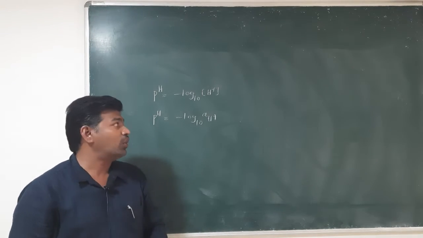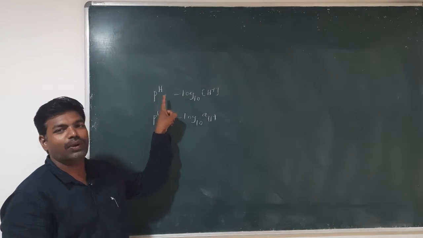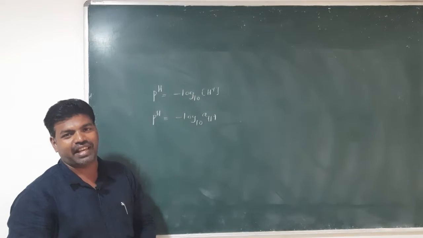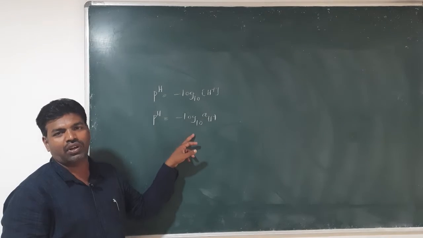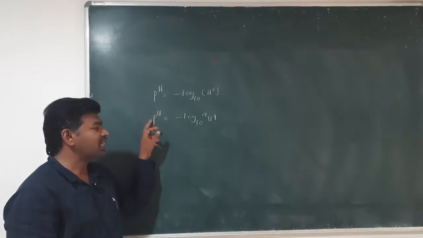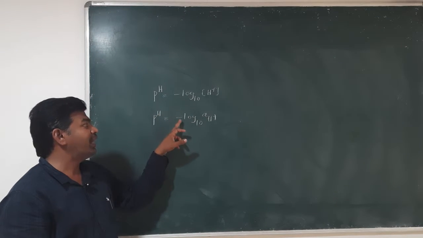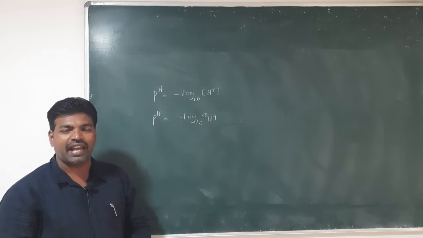Often we follow the definition that pH is the negative logarithm to the base 10 of the concentration of H plus ions. Most of us do not use the definition of pH as the negative logarithm to the base 10 of the activity of H plus ions.